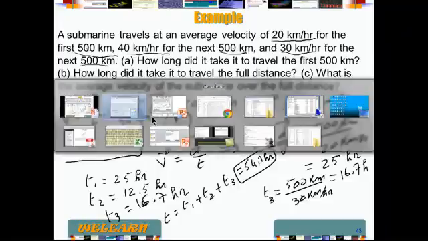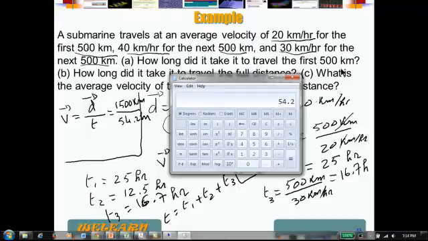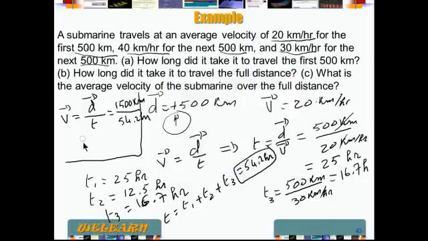Okay, so again I calculate this. That gives us 27.7 kilometers per hour.